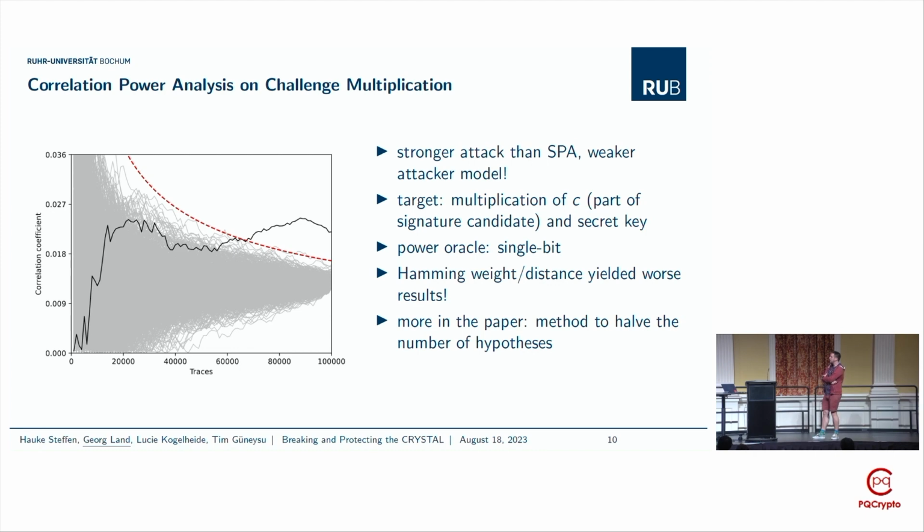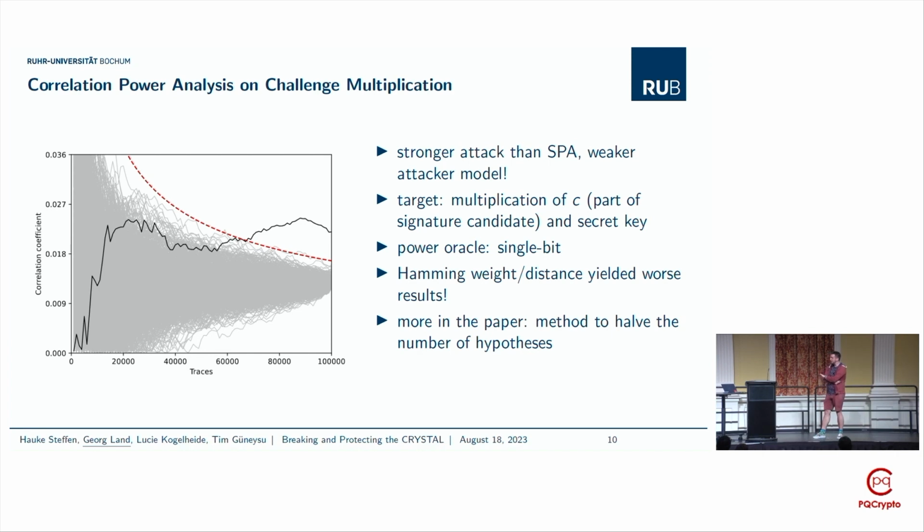So the attack in the end is somewhat stronger, and the target during signing is the multiplication of the challenge, which is part of the signature candidate, and the secret key. We tried out several other power oracles, for example Hamming weight and Hamming distance, and interestingly, they yielded worse results than the single bit power oracle that we used.